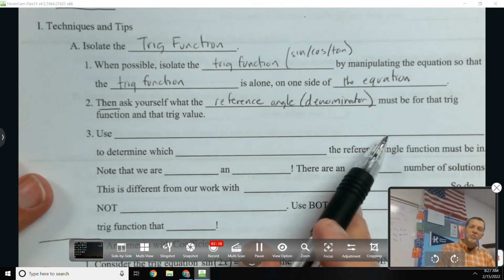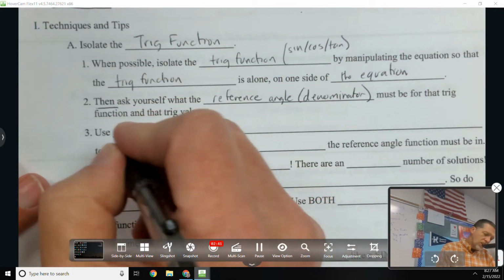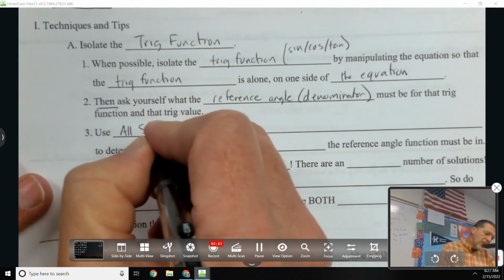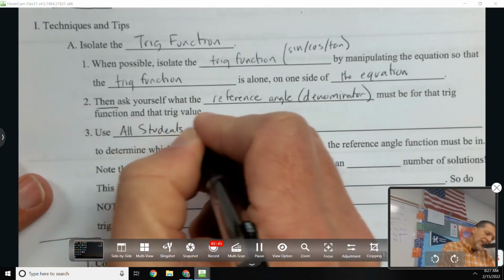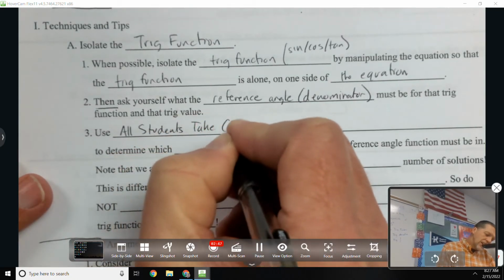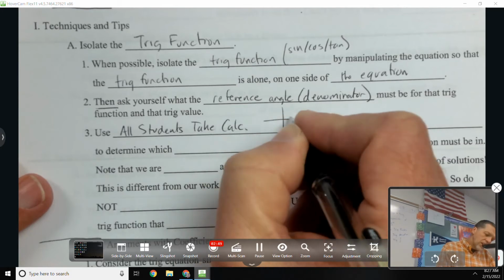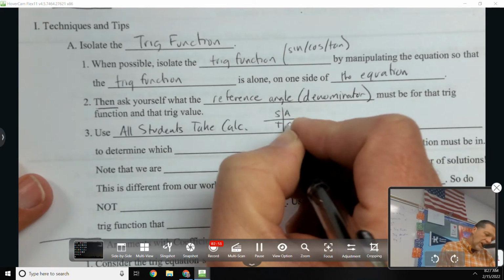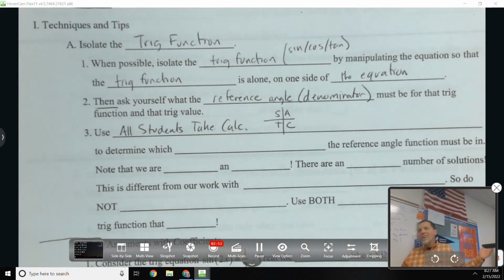Three is a long blank, but use all students take calculus. All students take calculus. Or not. Like, you don't have to use that. You can know that the sine is positive on the ups and negative on the downs. Cosine is positive on the right and negative on the left.